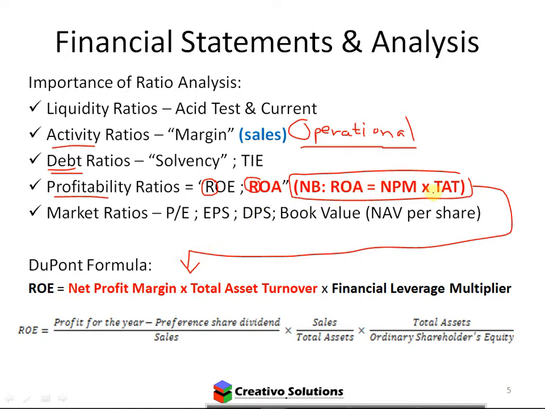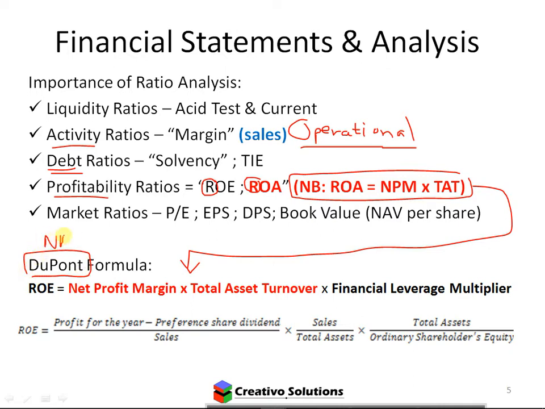If you group those two, you get ROA. Right, so there's 2 equations for ROA. The one has the profit over the assets, the other has net profit margin times total asset turnover. Okay, then you've got market ratios, you've got the PE, you've got the EPS, you've got the DPS, and you've got book value.